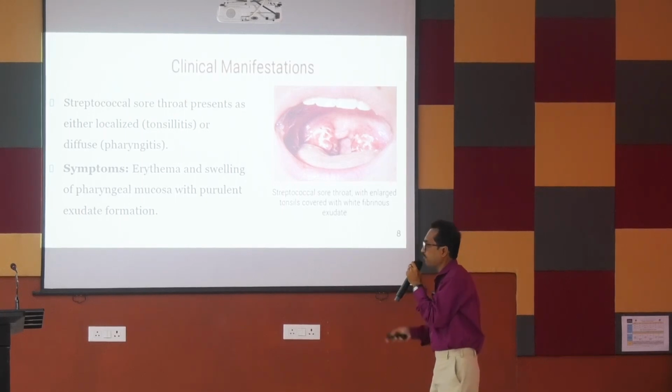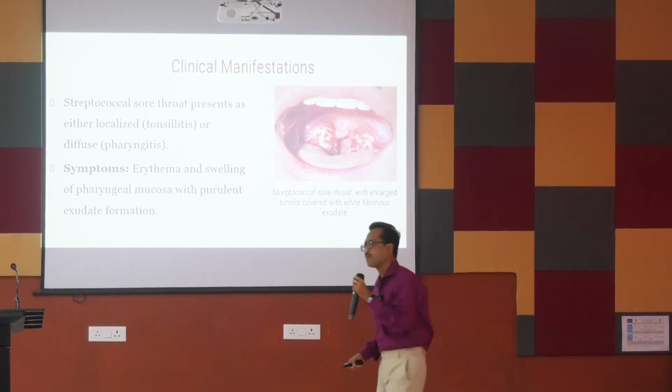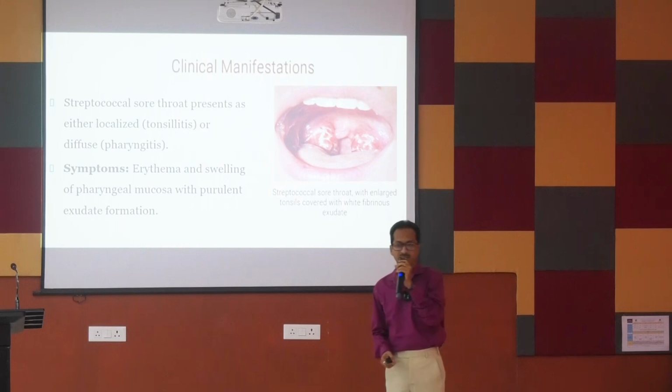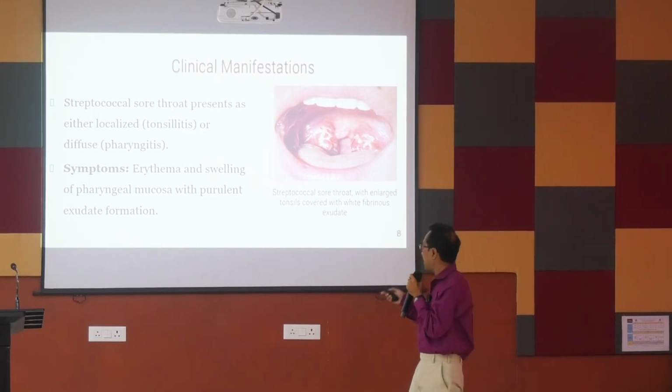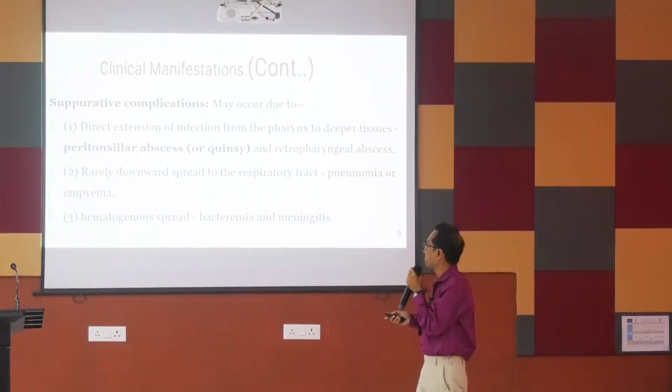This is the streptococcal pharyngitis or tonsillopharyngitis. There is a white patch of tonsillar fossa, that is the streptococcal pharyngitis, that is the cause of localized tonsillitis, or it may cause diffuse pharyngitis. So you can see the enlarged tonsils covered with white fibrinous exudate.